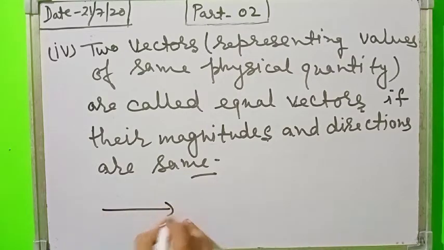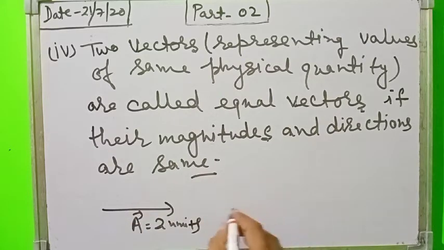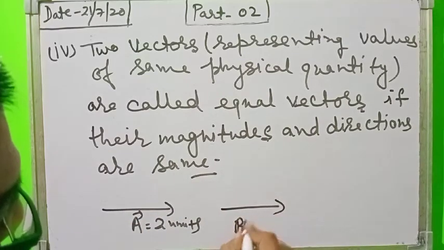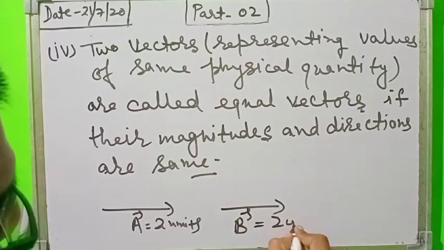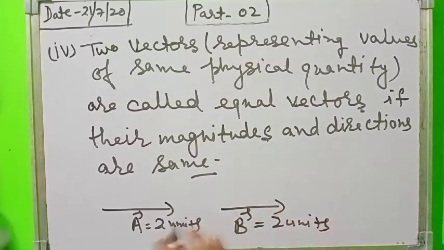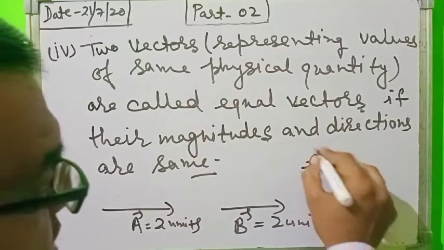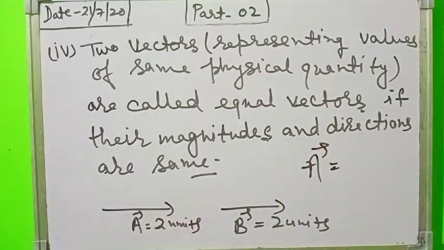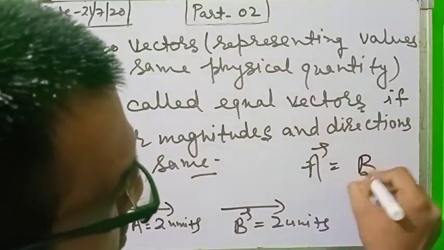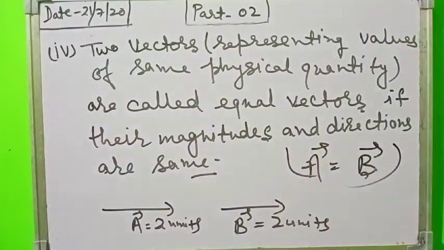Suppose this is vector A having magnitude 2 units in this direction, and vector B having magnitude 2 units in the same direction. Then both the magnitude and the direction of both the vectors are same, so we can say that vector A is equal to vector B.